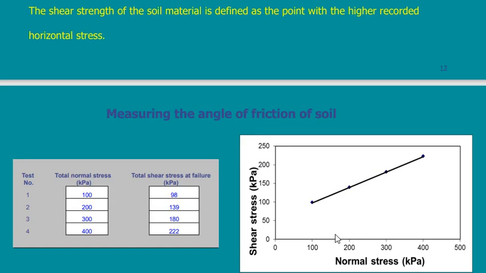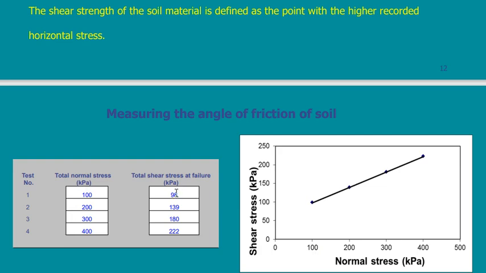Suppose I put my first horizontal load, so this will be the normal stress, and then I conduct my tests, and I will get a stress in the horizontal direction that is corresponding to failure. So I get this point, which is at a normal stress, say, of 100, I got a shearing stress of 98.